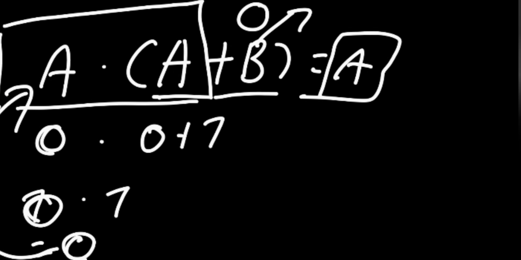This is the absorption law. This might be confusing at first, but as we go and learn, this becomes really simple. Really simple. Now let's do another one. That is De Morgan's law.